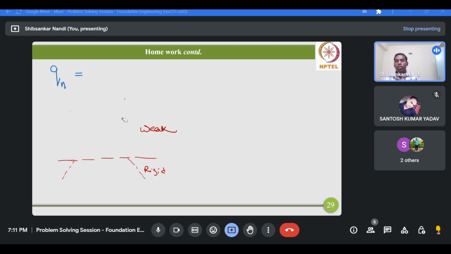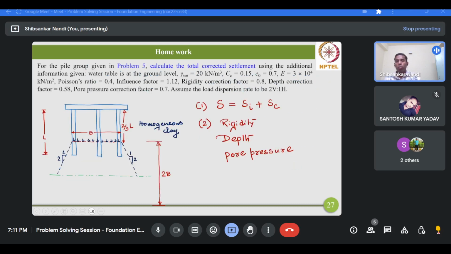So depending on the scenario, this is a very crucial point to determine the settlement of a pile group: from what level the dispersion of stress should be considered.